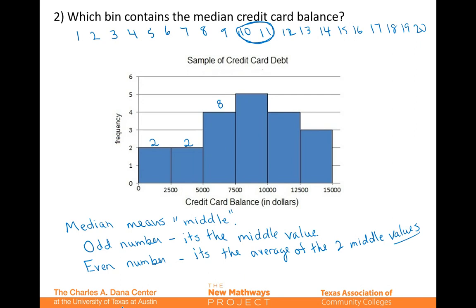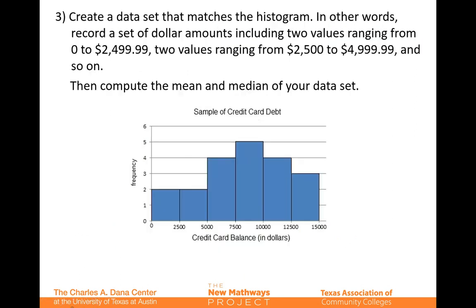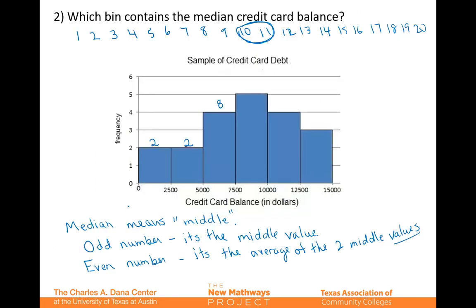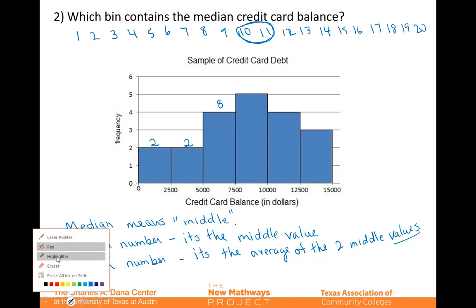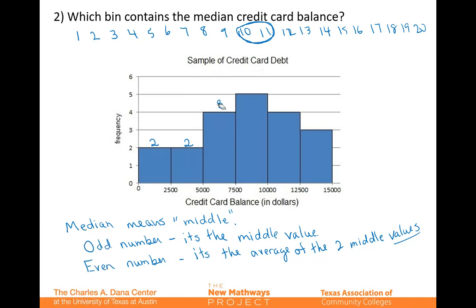Tell you what, I'm going to relabel that. I'm going to make it a little clearer, I think. Let's go back. Think of this as being 1 and 2.